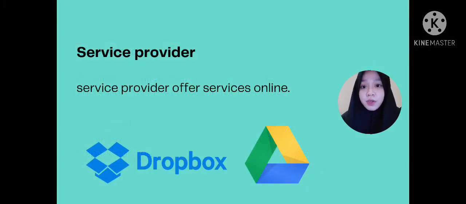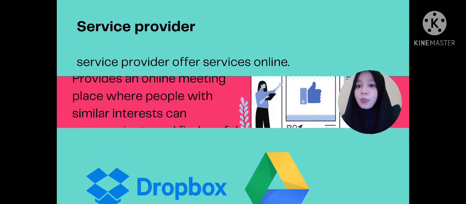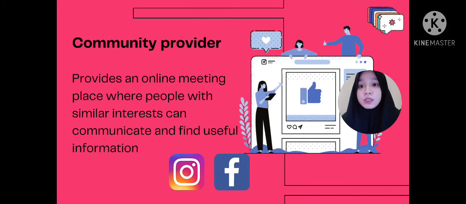Then we have service provider. A service provider offers services online. It provides applications such as photo sharing, video sharing, and user-generated content as services. It provides other services such as online data storage and backup, for example, Google Drive and Dropbox. Next, we have community provider.